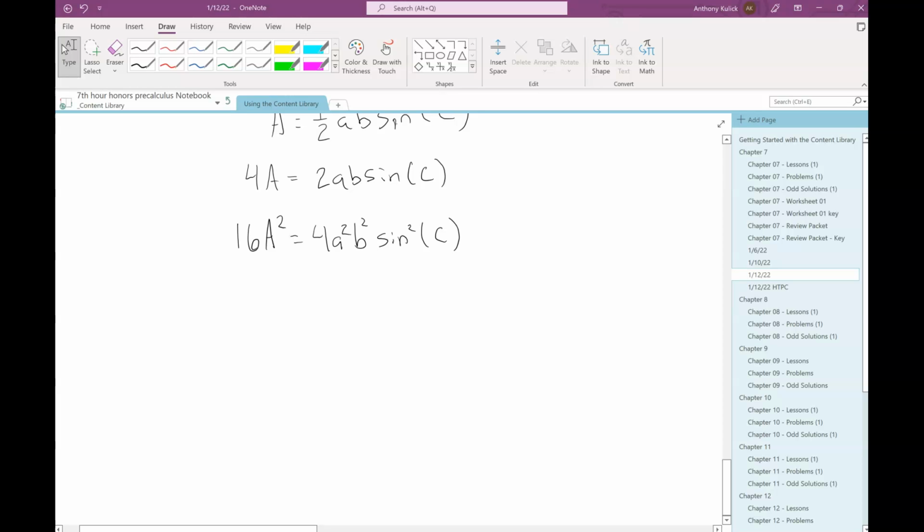If I think back to last semester, I had an identity there that I know sine squared is equal to 1 minus cosine squared. Right? That sound familiar? I'm going to apply that identity here. And then I'm just going to distribute that 4a squared b squared through to get rid of the parenthesis.